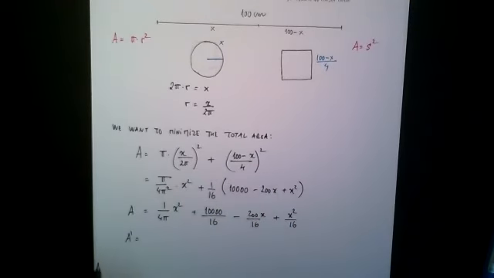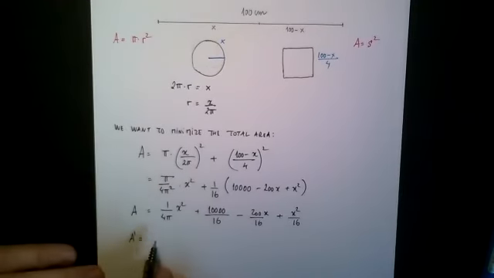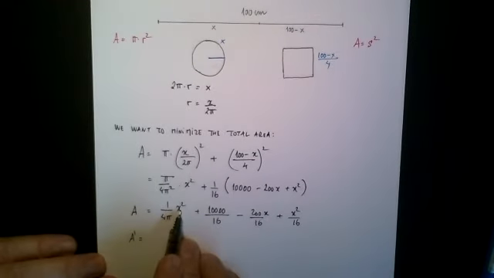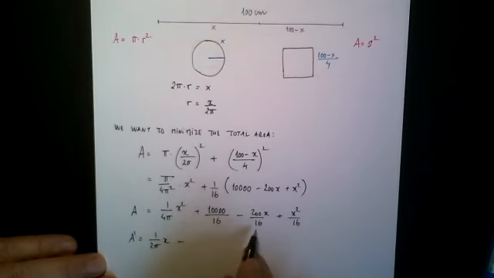Okay, thank you. And so now I'm going to derive, and I'm going to get 2 times x over 4 pi, so 1 over 2 pi times x. This one is out because it's a number, and then minus 200 over 16. Could it be divided?